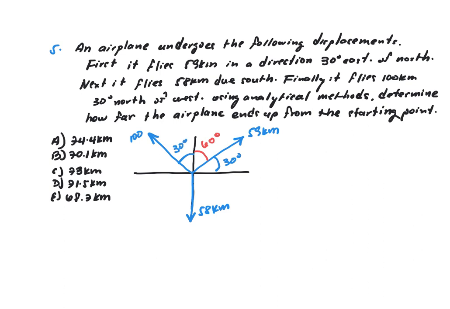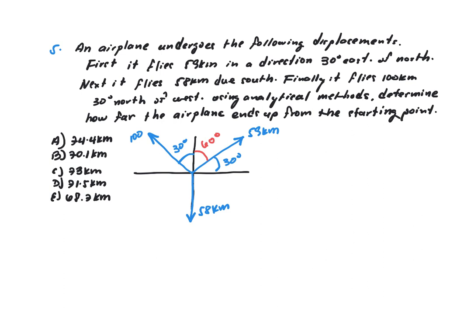So to solve this problem, all you need to do is find your x and your y values for each direction. Then at the end, sum up all of those values for the x and the y, and then find the distance by squaring and taking the square root. So let's do that.